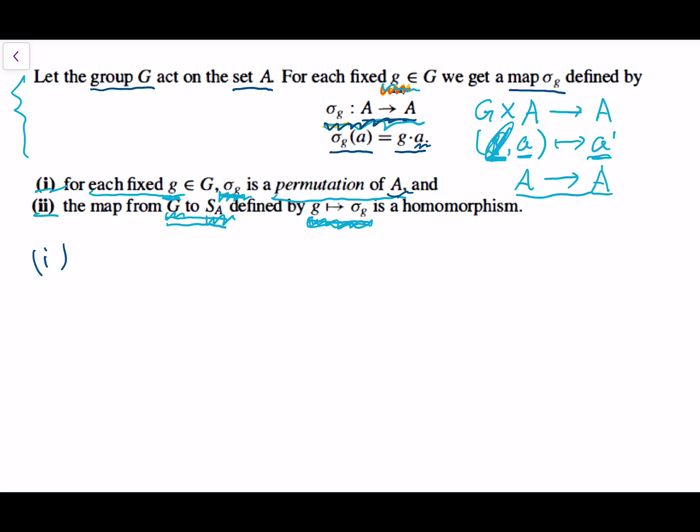To show that a map is a bijection, there are two major ways. The first method is to show that the map is one-to-one and onto, and the other method is to show that this map has an inverse, specifically a two-sided inverse.